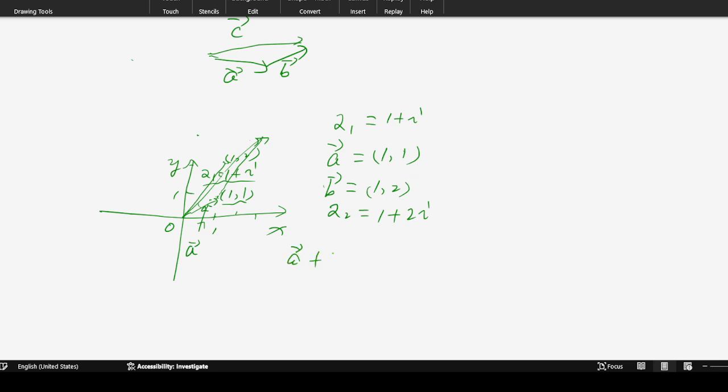Vector A plus vector B equals 1 plus i plus 1 plus 2i. So that equals 2 plus 3i.